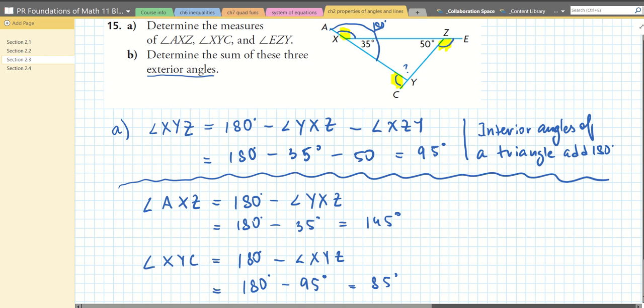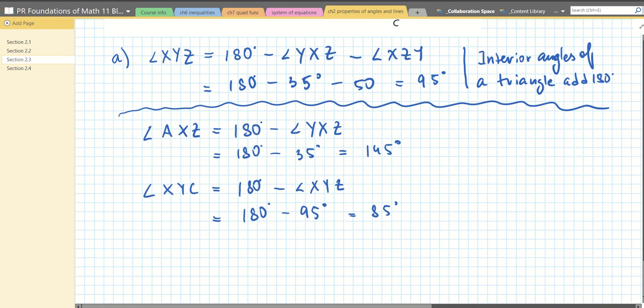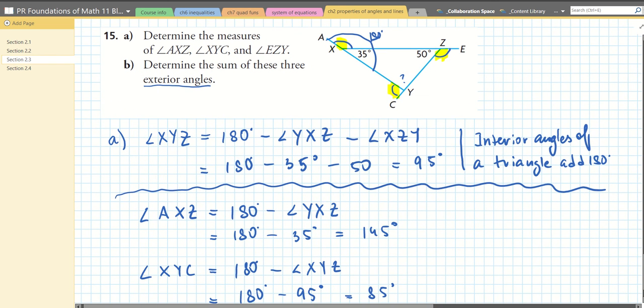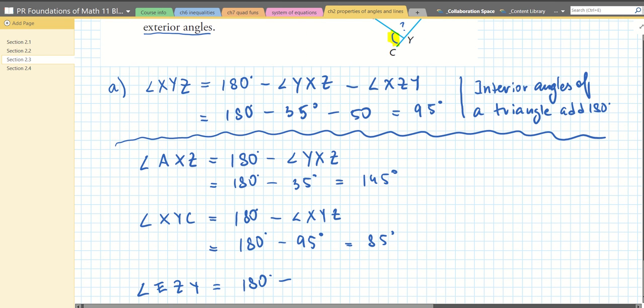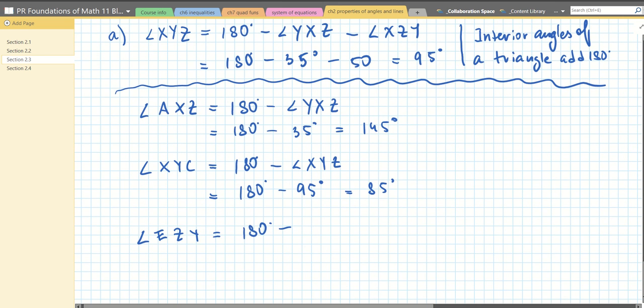Let's do the last one. The last one is EZY. Again, we have 180 minus the angle we're looking for here, which we call XZY.